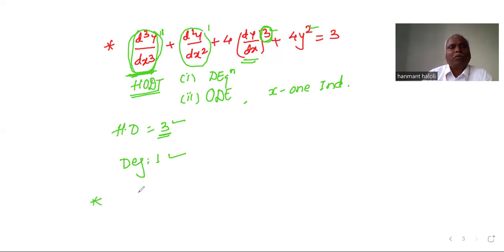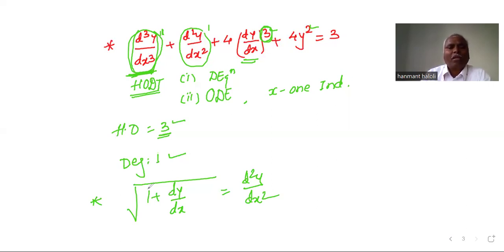Now suppose an equation is given to you: root of 1 plus dy by dx is equal to d2y upon dx square. Then how to identify the degree and order of the differential equation? Now this differential equation contains a root. We don't want fractions or any radicals.